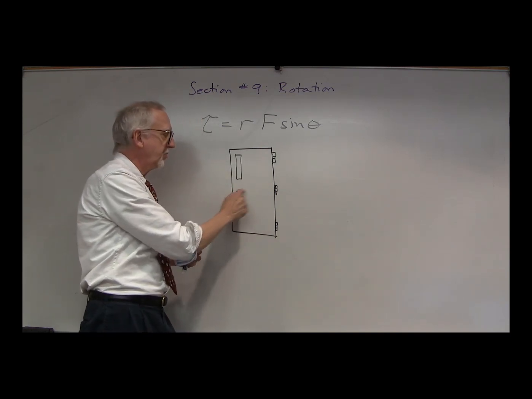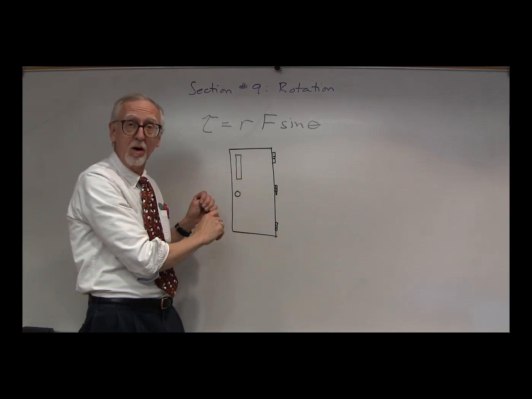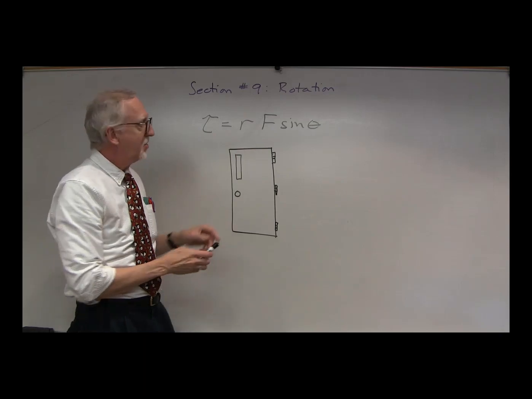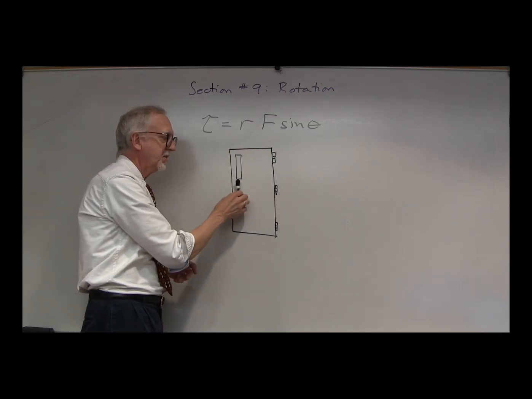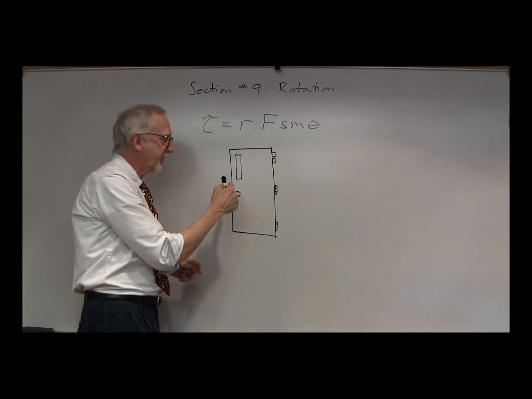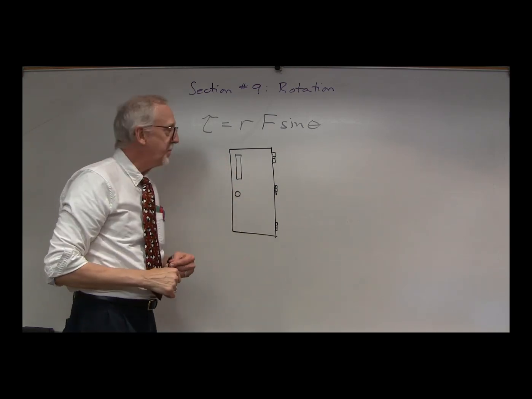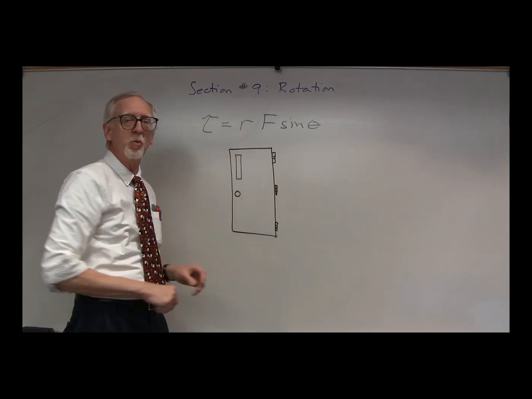But if you push on it away from the hinges, it will open easier and more. Why? Because the greater R, the distance from the axis of rotation, in other words the distance from the origin at which the force is applied, the more torque you get. Okay, that makes sense. The farther from the axis you push, the more the door will open.